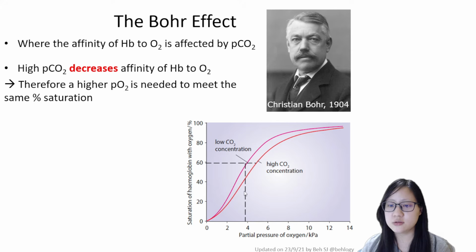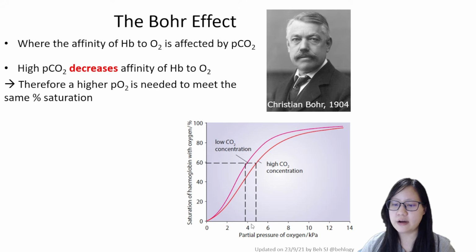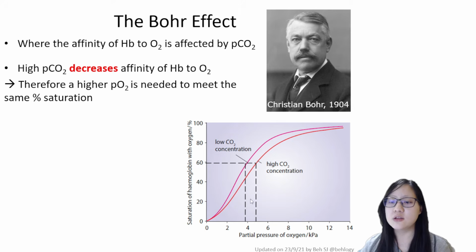However, at high CO2 concentration, in other words, high partial pressure of CO2, you would need a higher partial pressure of oxygen, around 4.5 kilopascals, in order to achieve that same percentage saturation. Because of this, the curve shifts to the right.